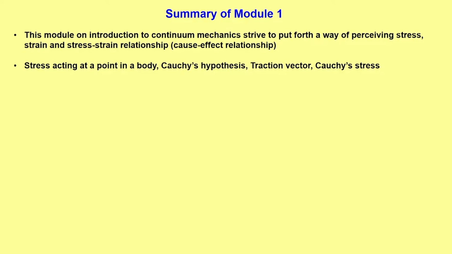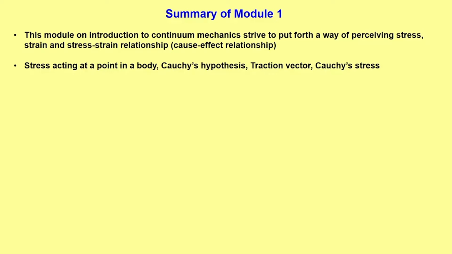We started off with the concept of stress acting on a body, or stress acting at a point in the body, and for that we discussed Cauchy's hypothesis and the concept of traction.